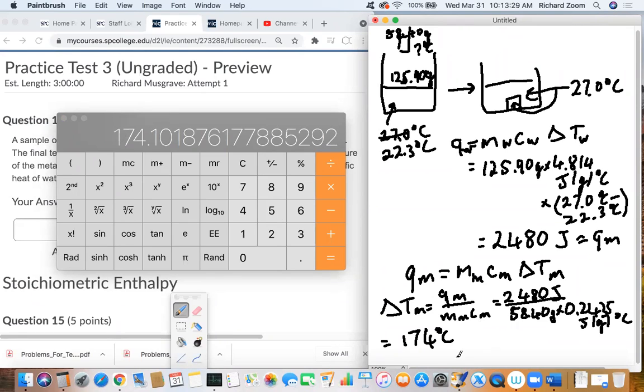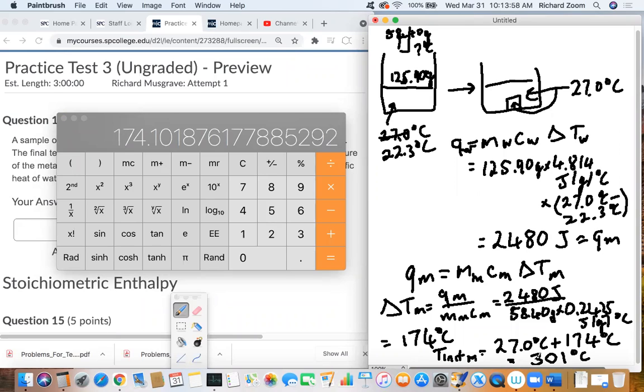Now the initial temperature of the metal, T initial for the metal, is going to be 27.0 degrees plus 174 degrees, which is going to be 301 degrees Celsius.